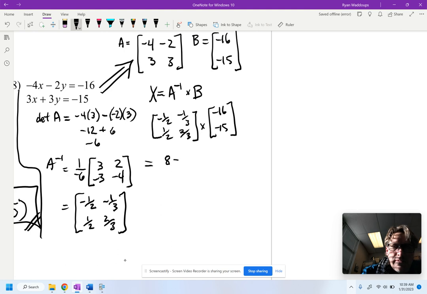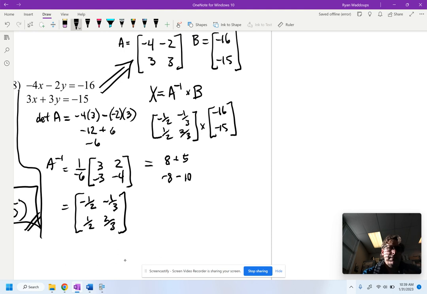Plus -1/3 times -15, that's positive 15/3 or 5. And then the bottom, 1/2 times -16 would be -8. 2/3 times -15, that'd be negative 30/3, which would be 10.